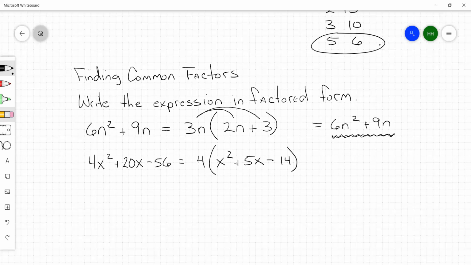So we're going to have 4 times a binomial times another binomial. Now in the parentheses, our a value is positive 1, so we get an x and an x. And we're looking for factors of 14 that add to 5. So we got a 1 and a 14, and we got a 2 and a 7. That's it. So your 2 and your 7 is what you're going to use.